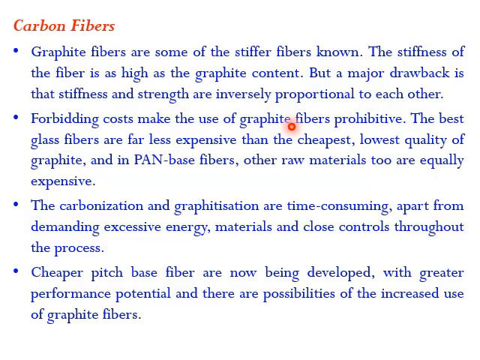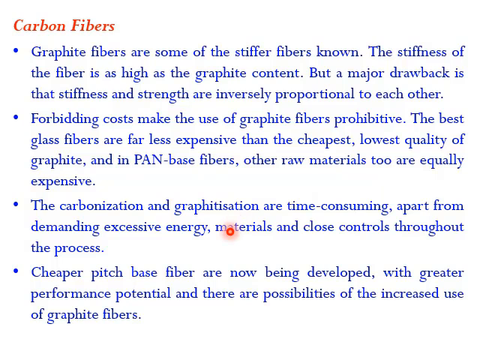So whenever you need stiffness, you have to compromise with the strength, or whenever you want strength, you need to compromise with the stiffness. The cost makes the use of graphite fibers prohibitive. The amount we incur to produce and use these graphite fibers is high, so their use is limited because production is a bit costlier.